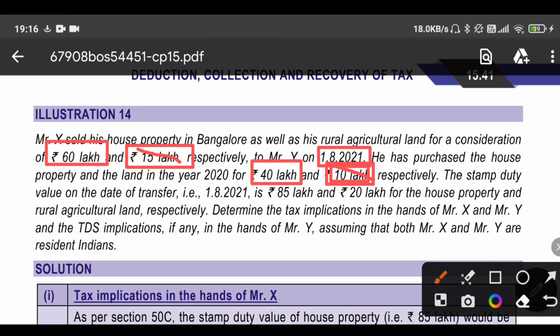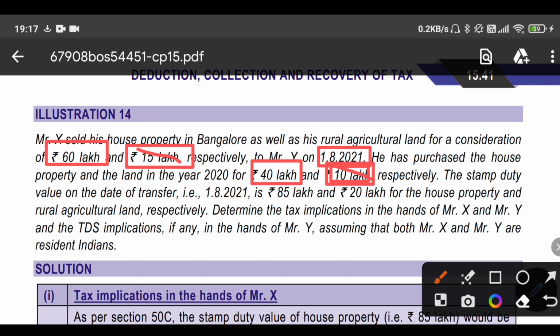Because land is purchased in the year 2020 and sold in 2021, so the holding period is up to 2 years. So it is a short term capital asset. So in case of short term capital asset, there is no indexation. So 85 lakh minus 40 lakhs, so 45 lakh will be the capital gains on house property.